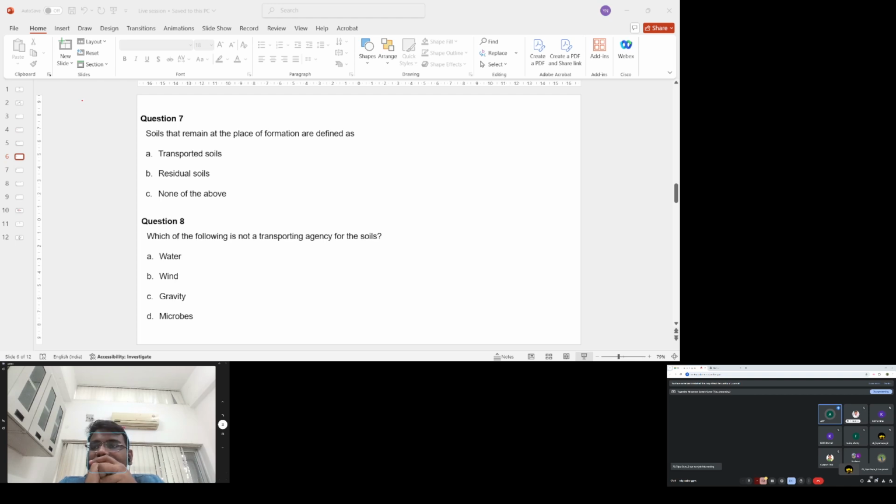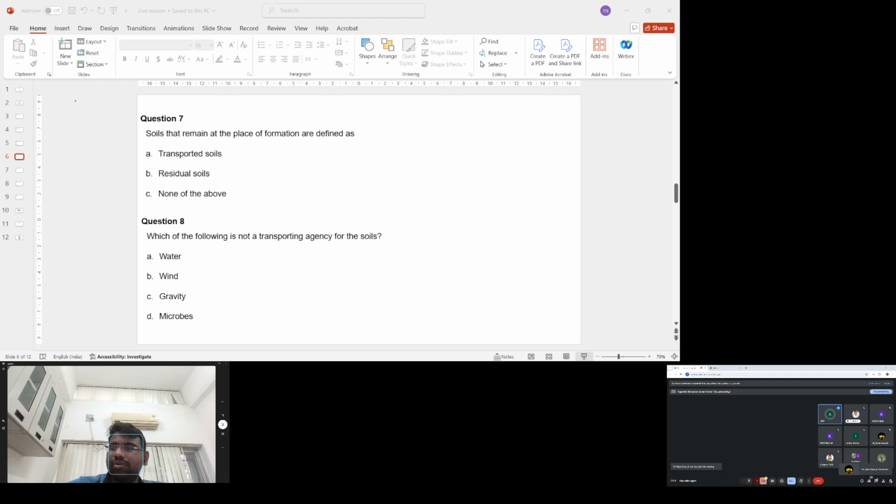Wind, gravity, glaciers, and water, and also sometimes marine, a combination also. Lacustrine and marine, that is obviously water. And to a minor extent, even man, and microorganisms.